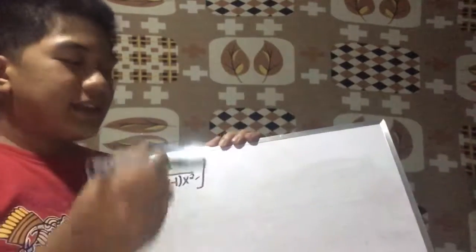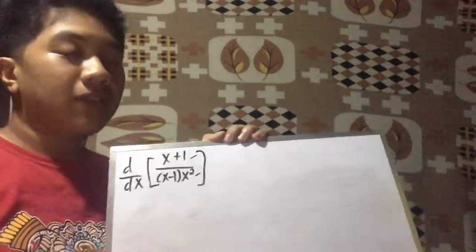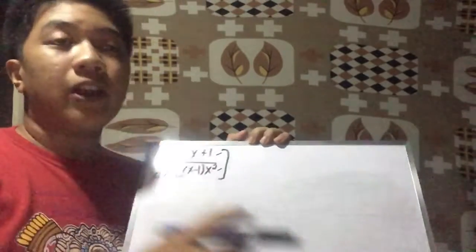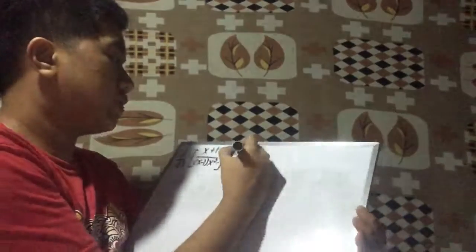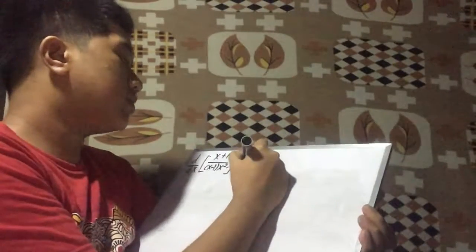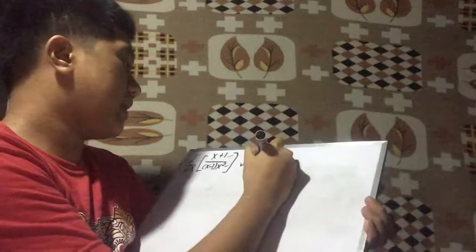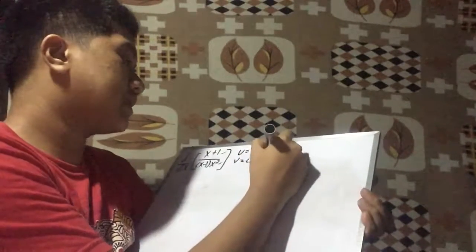So we already assigned the value of u and the value of v for the quotient rule. Let's make it clear that u is equal to x plus 1, and v is equal to x minus 1 times x squared.